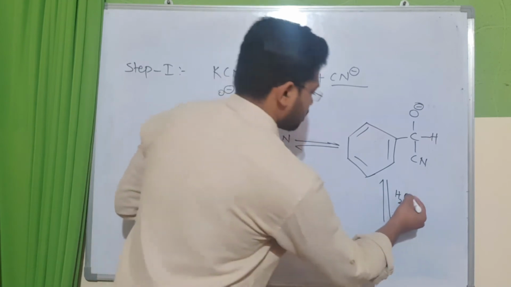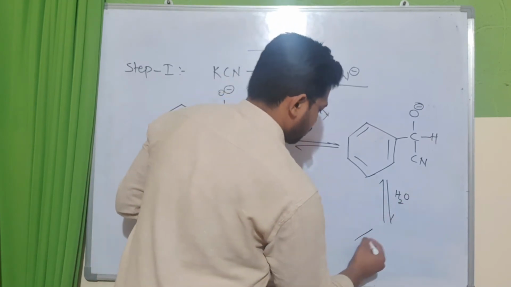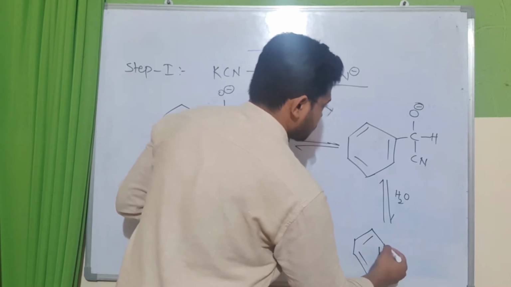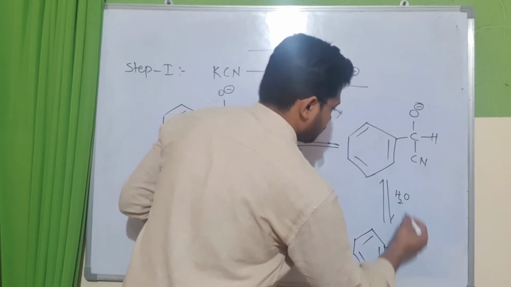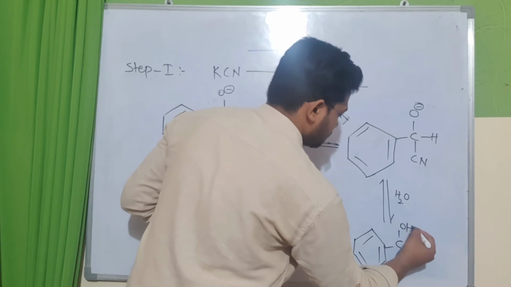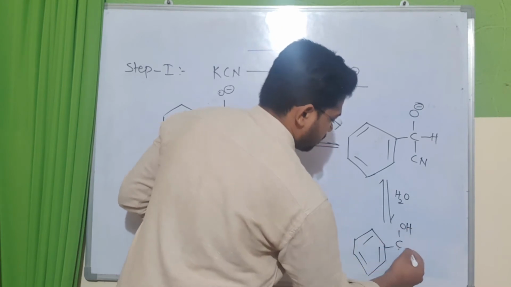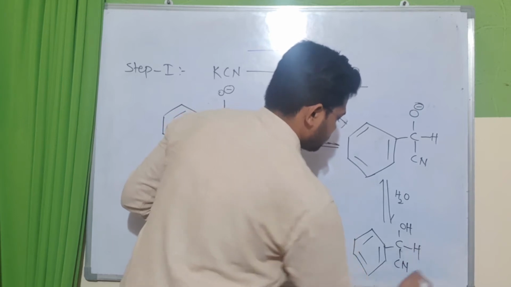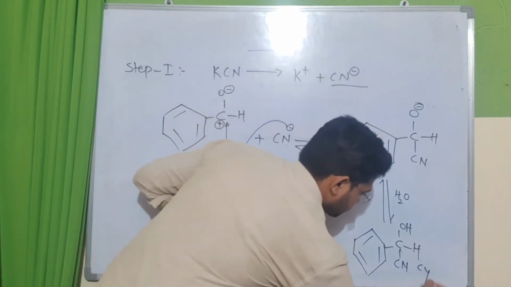We have solvents water or ethanol, and there is a formation of the intermediate which is cyanohydrin. This oxygen will attract one hydrogen from this water molecule and there is a formation of this intermediate, that is cyanohydrin.